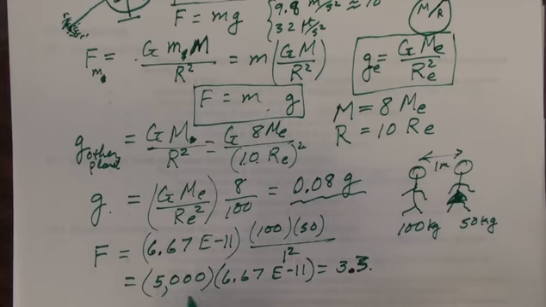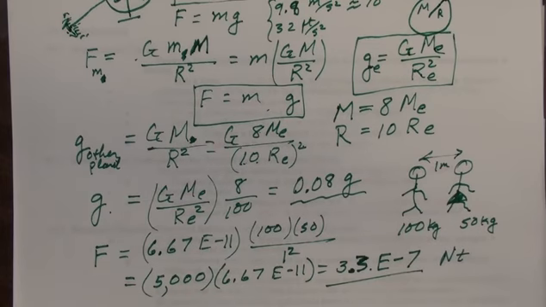So that's 4 decimal places, so that would multiply by the e to the minus 11. That'd be e to the minus 7, 8, 9, 10, 11. I believe that's correct. I always check my algebra. That's 3 times 1/10 millionth of a Newton.